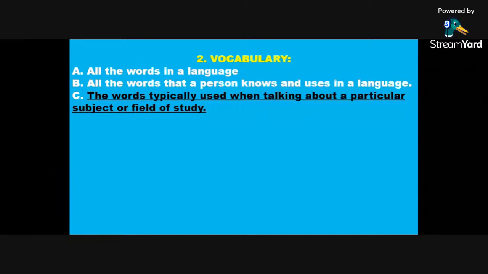So you need to understand that there are words that are associated with a particular field of study or field of life. You can talk about the vocabulary of agriculture, the vocabulary of education, the vocabulary of science and technology, and so on and so forth.